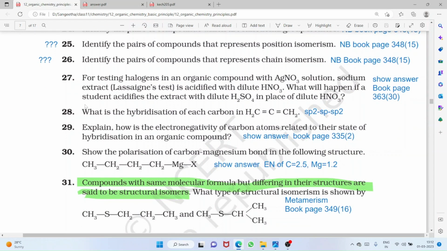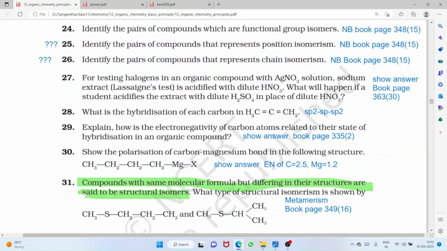For testing halogens in an organic compound with AgNO3 solution, the sodium extract is acidified with dilute HNO3. What will happen if the student acidifies this extract with dilute sulfuric acid in place of nitric acid?